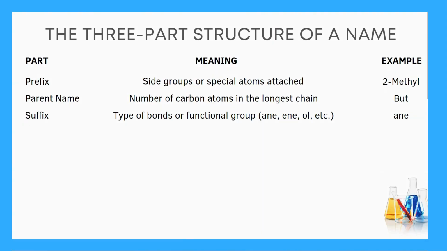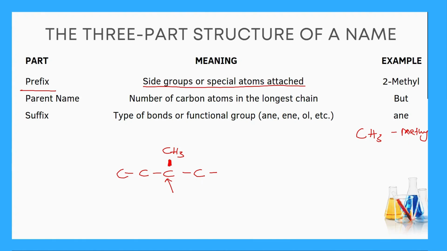So let's talk about the prefix first of all. The prefix simply means the side groups or special atoms that are attached. For example, if I have a compound that has 4 carbon atoms, 1, 2, 3, and 4, and then on one of the carbons I have an attachment, let's say a methyl substituent. Methyl is denoted as CH3. Now you can see there is a substituent over here, on this carbon.